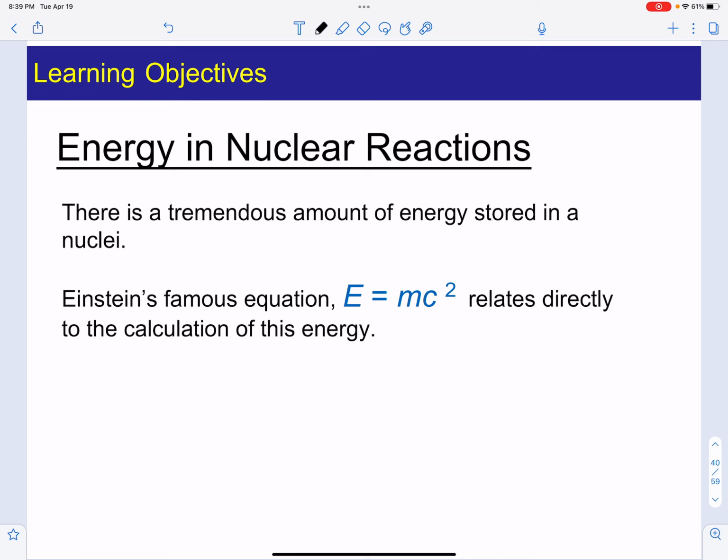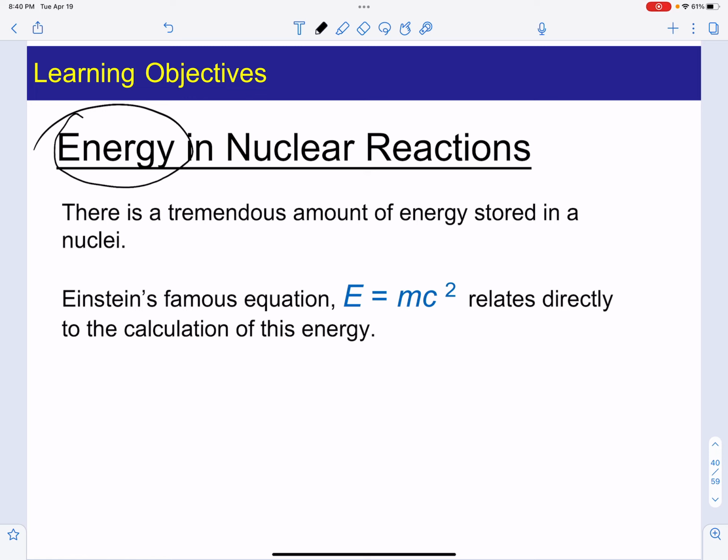So let's start with this. I just finished talking about energy. Nuclear reactions, like a nuclear bomb, for example, generate a lot of energy. There's no question about that. The amount of energy that can come out from a nuclear reaction is an excessive amount of energy.